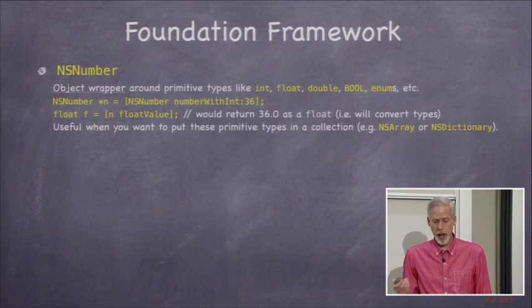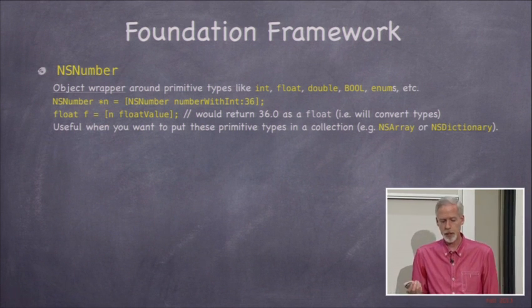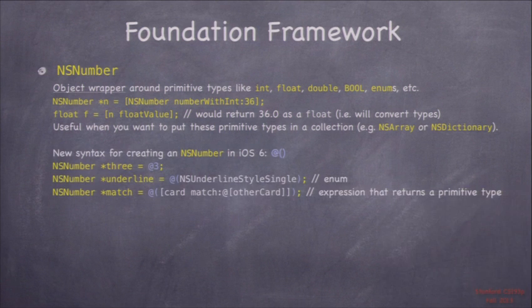You can create them with class methods like numberWithInt. That's a class method in NSNumber. Or you can use @ parentheses. We already saw @ square bracket for arrays. There's also @ parentheses, or even just @ number if you want to create a number. So you could say @3, you could also say @3.2, and that would create an NSNumber that would contain that primitive type.